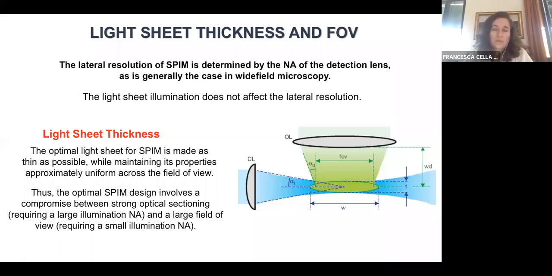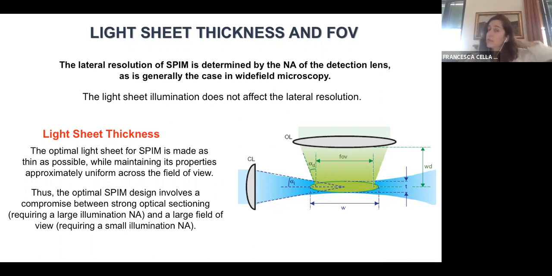This is just to mention that depending on your sample, what you want to image, you need to consider or adjust the optical scheme to have the correct field of view.